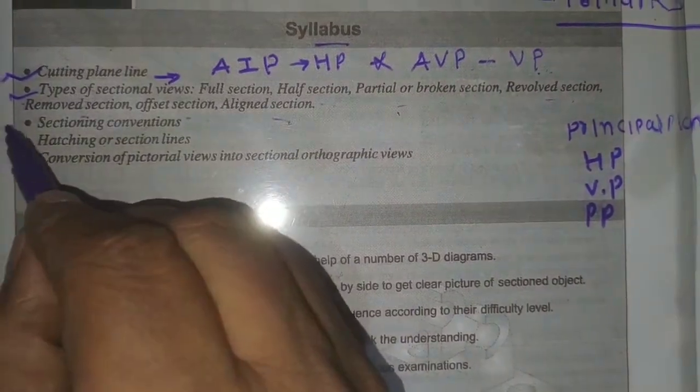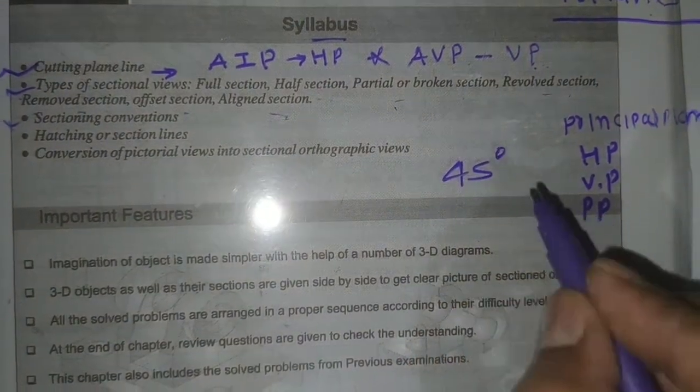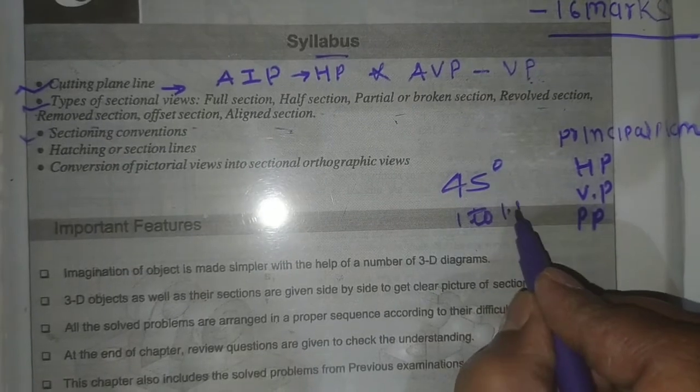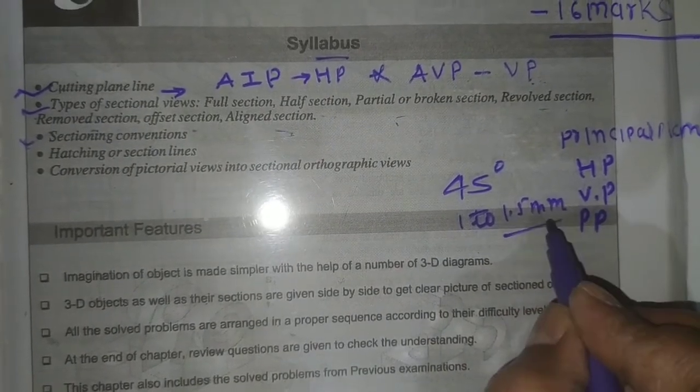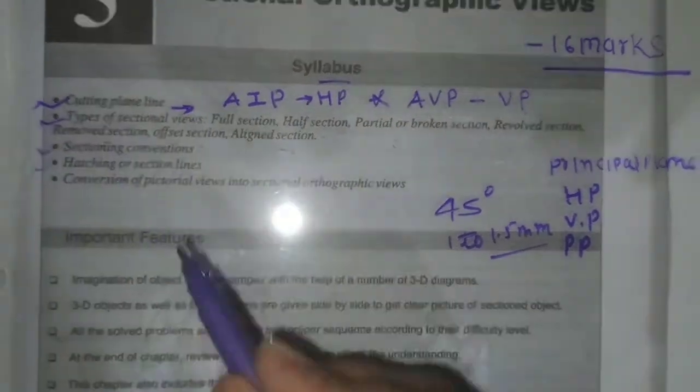How to section it? We already studied the section line should be at 45 degrees. The spacing between the section lines should be 1 to 1.5 mm. This is the spacing we already studied. Same considerations here for the hatching, that is the section line.